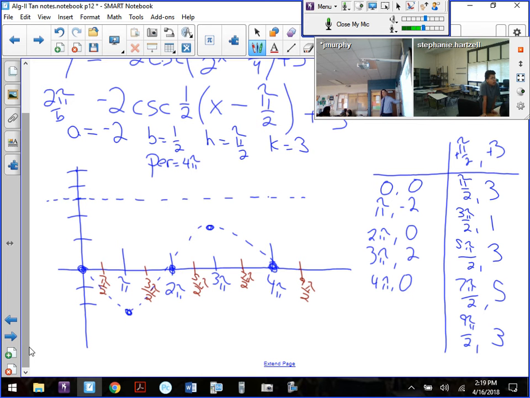And that's what I'm hoping that I'll be able to see. So let's see here. We start at 3, 1, 3, 5, 3. Let's make that dot bigger.